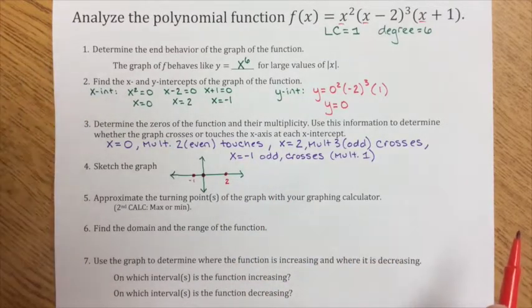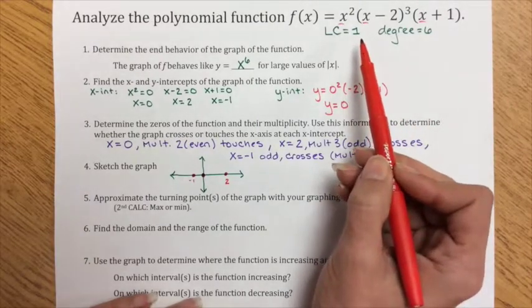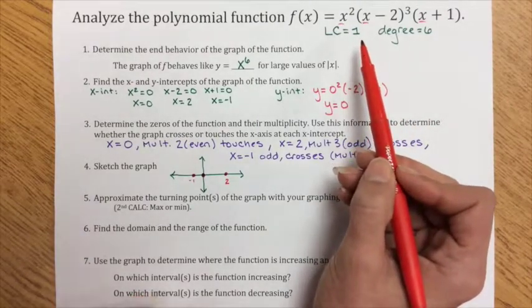Now we're not going to be able to do a perfect graph, but using our end behavior as well as multiplicity, we can get a good idea. The right side behavior is determined by our leading coefficient, whether it's positive or negative. And if you notice right here, our leading coefficient is 1, so we know it's positive.